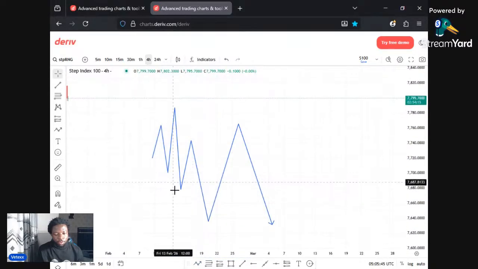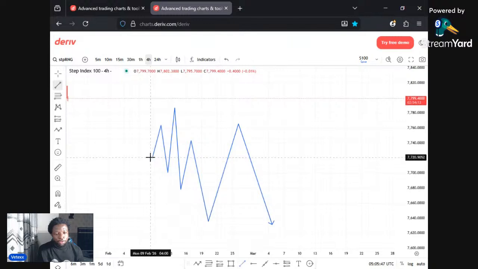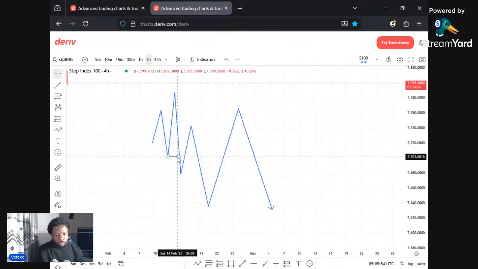So remember, we must have two breaks of structure. This is break of structure number one, and this is break of structure number two, which is this.